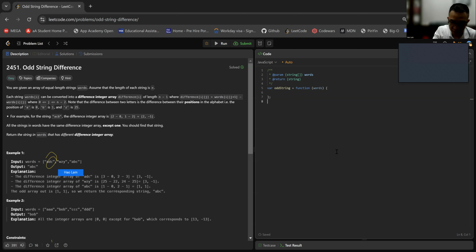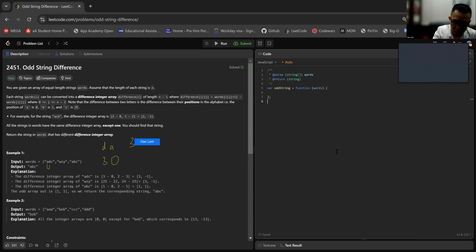Each letter is going to have a value from 0 to 25, for example, and we only care about the difference. So we have to find the difference between the second and the first letter, which is D and A. Let's say D has value 3, A has value 0, so the difference is 3 minus 0, which is 3.